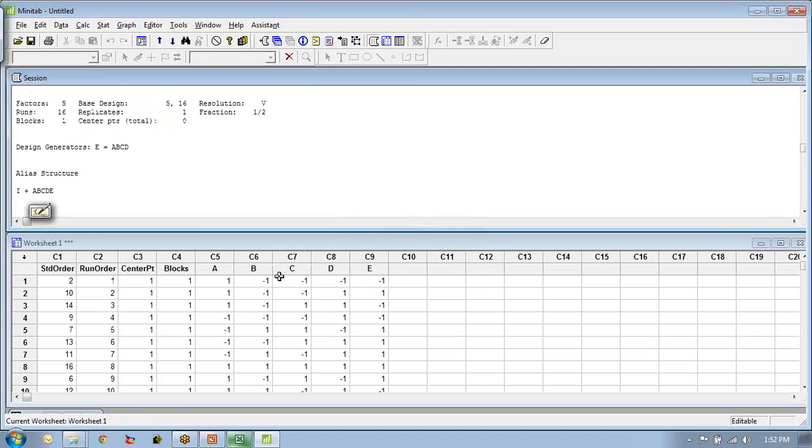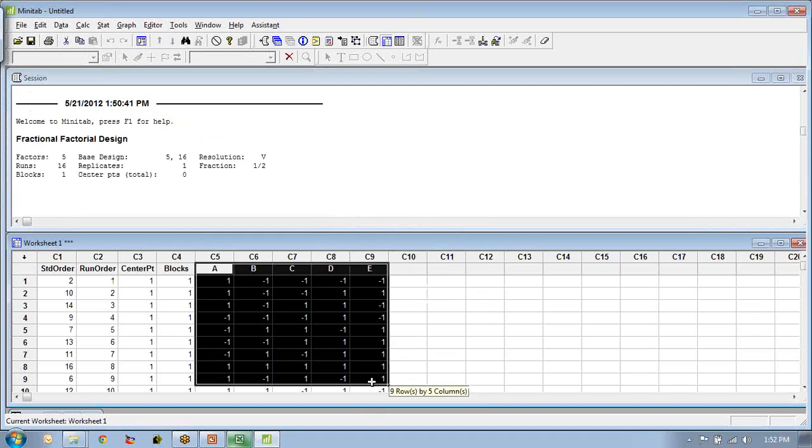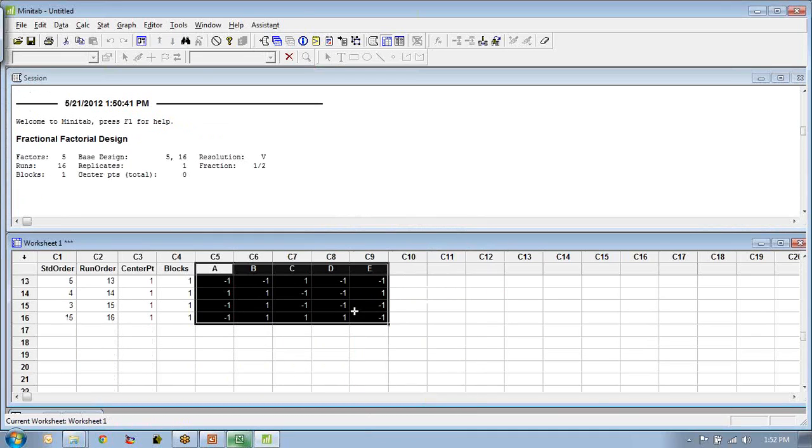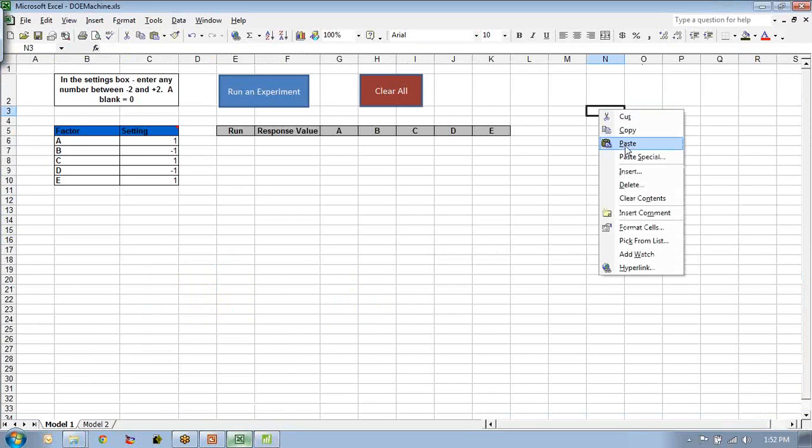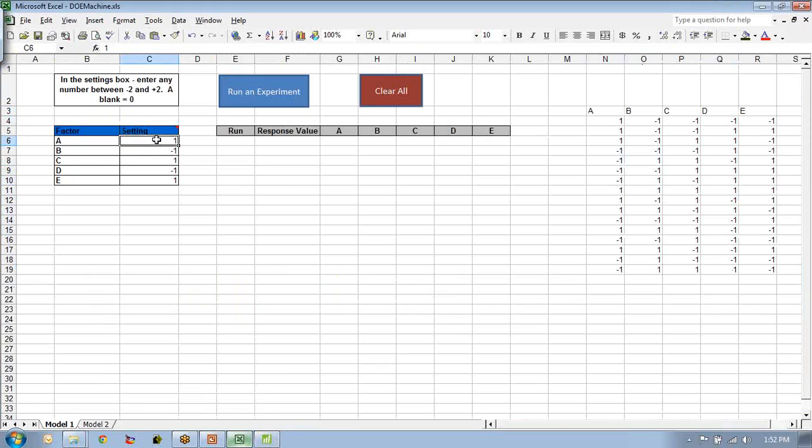And so here's the experiment that Minitab told me is the right combination of factors. I'm going to port that over, paste it in. And now what I'm going to do is start to copy. Let me do this one first. So this is 1, 2, 3, all the way to 16. And watch what I'm going to do. I'm going to actually run these sequentially.